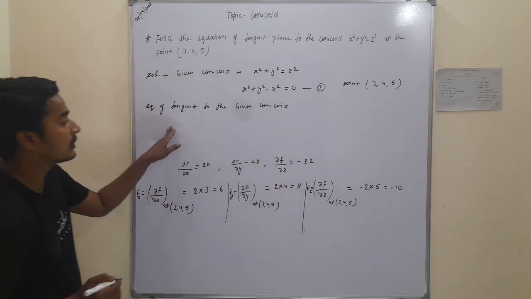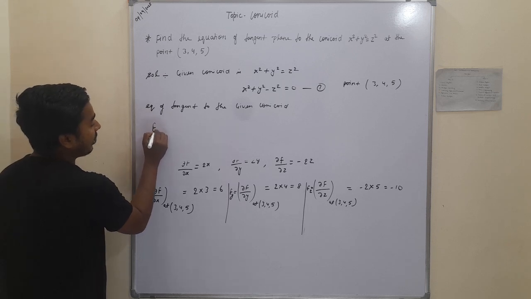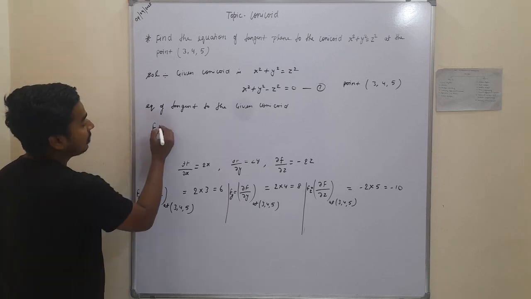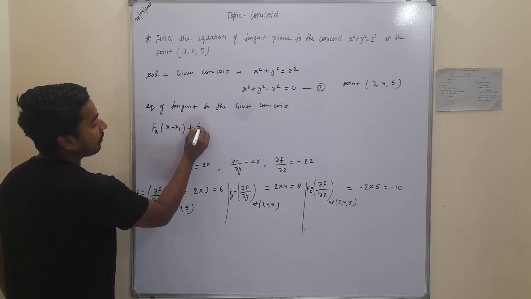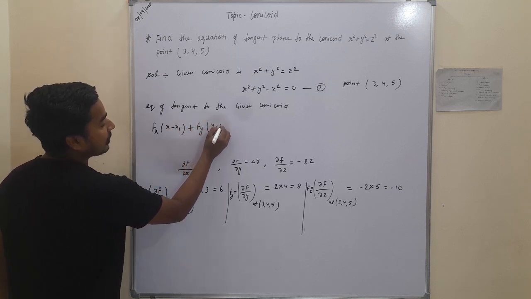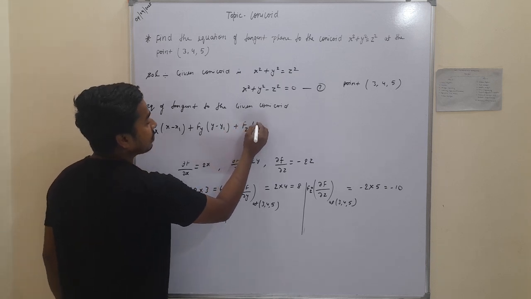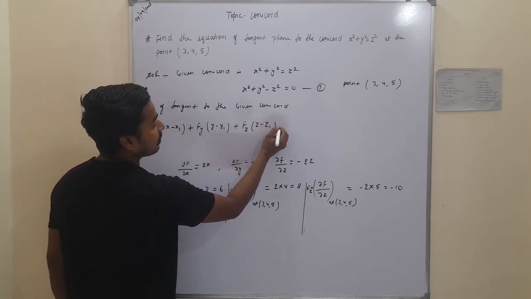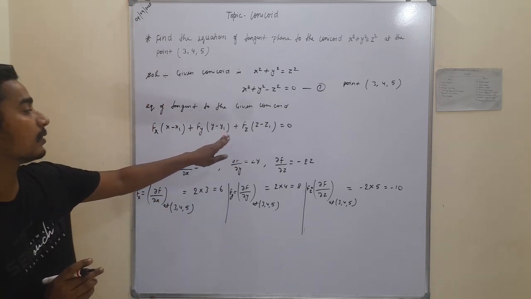The equation of the tangent to the given conicoid is f of x into (x minus x1) plus f of y into (y minus y1) plus f of z into (z minus z1) is equal to 0. This is the equation of the tangent to the given conicoid.